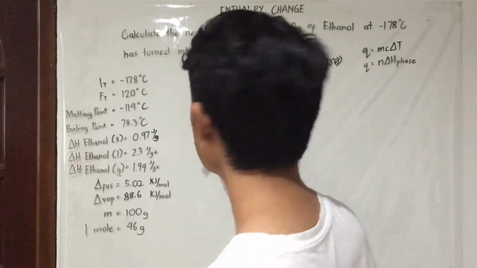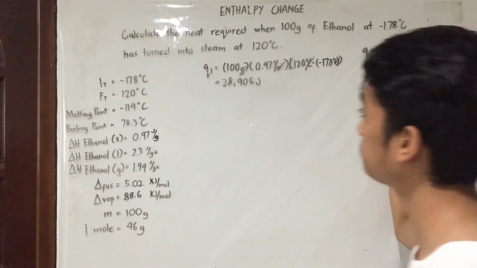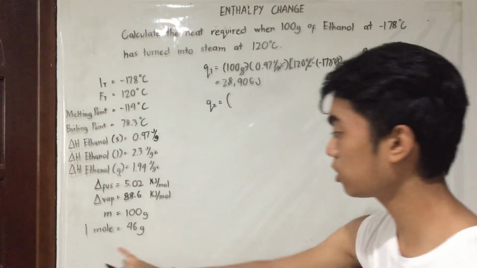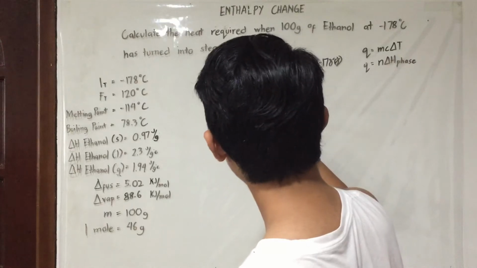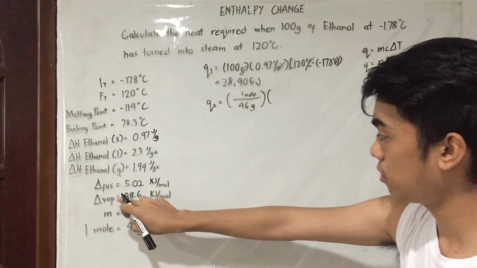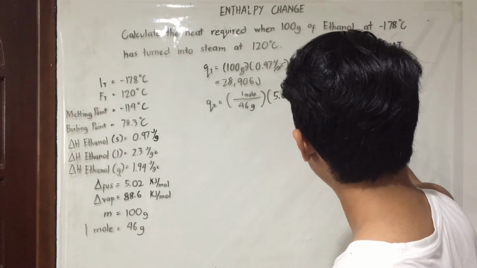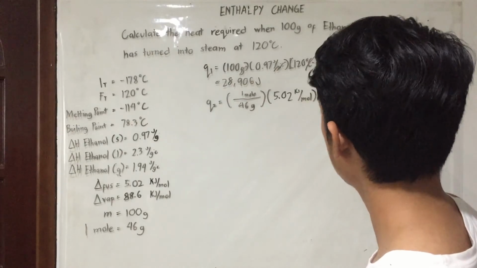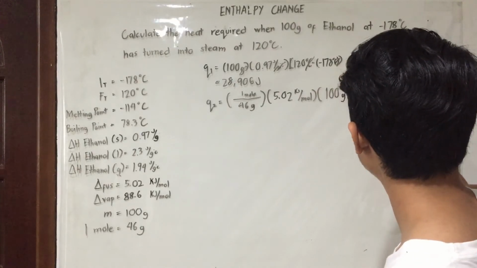Now for Q2, this is actually our first phase change. So for this phase change, we're going to use this formula. So Q2 is equal to, remember our conversion, 1 mole is equal to 46 grams, multiplied by the phase, which is melting or fusion, which is 5.02 kilojoules per mole, times our mass, which is 100 grams.